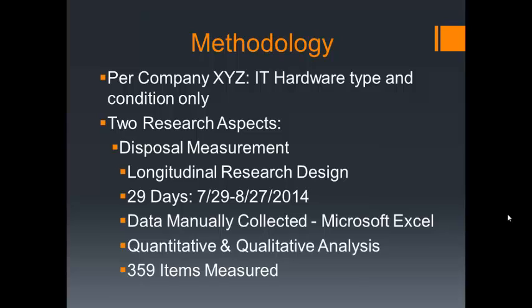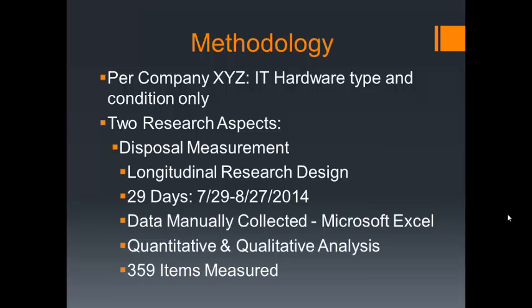Categorizations such as how dirty or clean the hardware was, whether it was new, used, or like-new, take effort to distinguish without creating a very complicated set of guidelines for what number of square inches on the hardware is dirty versus clean. So that's where qualitative analysis came in, using my perspective as a researcher to fill in that data without taking an additional two or three times as long to gather it.